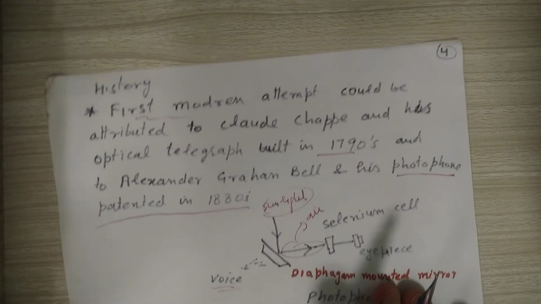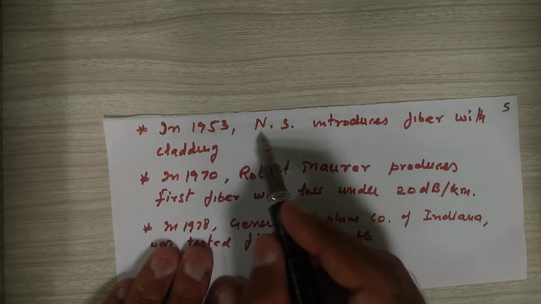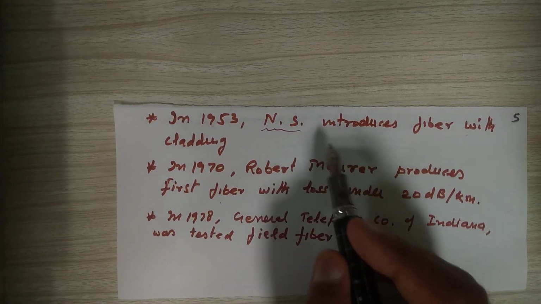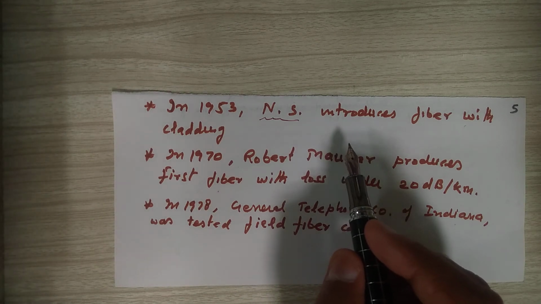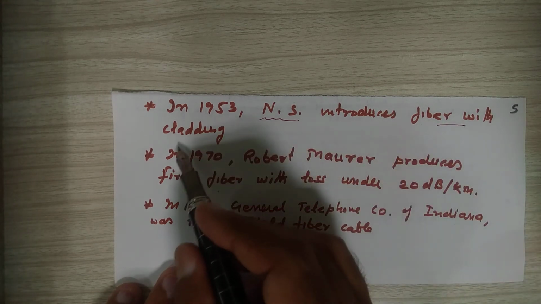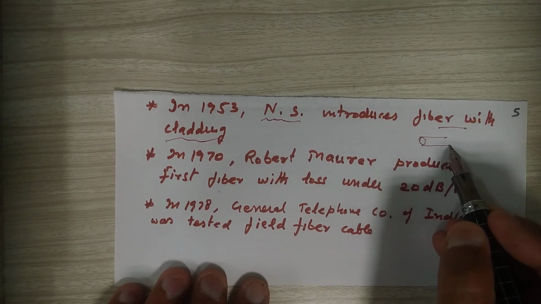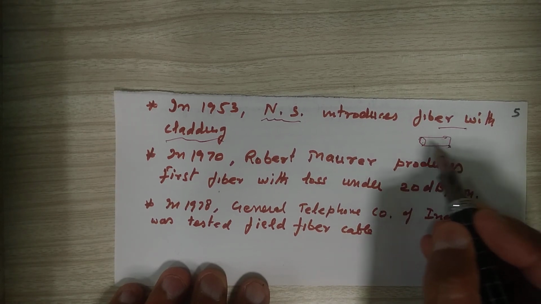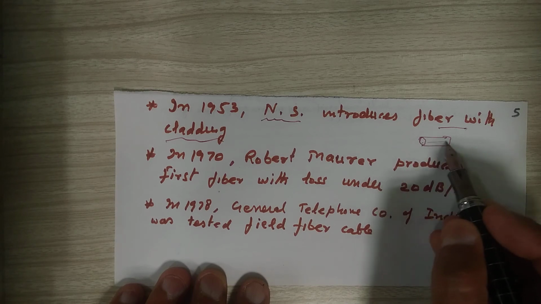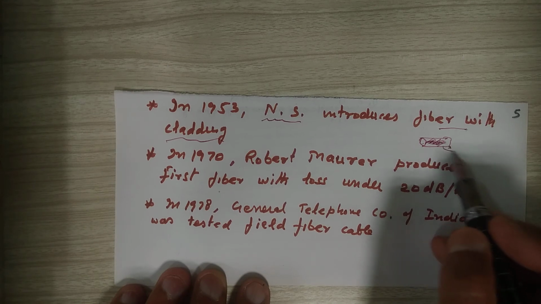After that, there was another person who contributed. This is Narendra Singh, he introduced the fiber with the cladding. Before this, people used only a single, you can say plastic, only this region, or we can call it naked fiber.